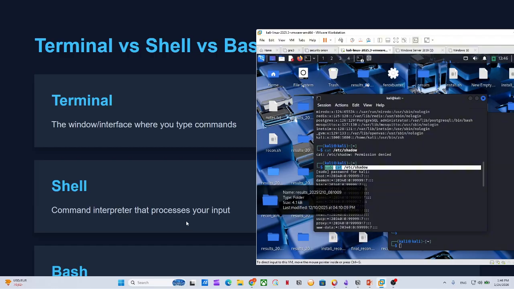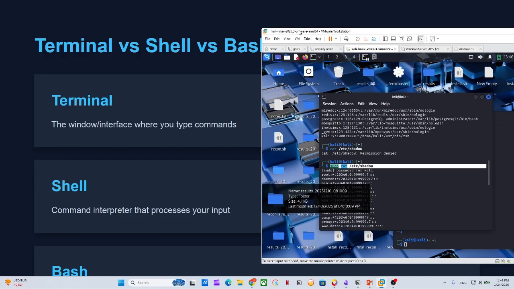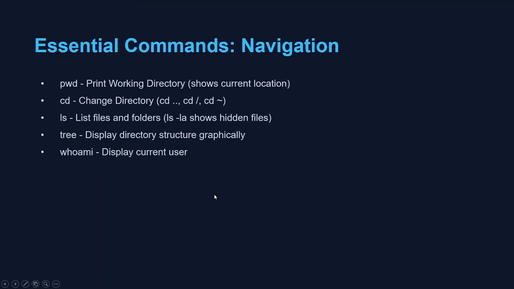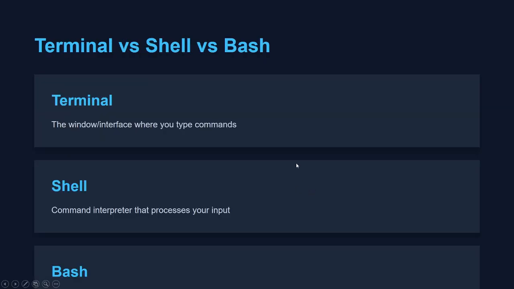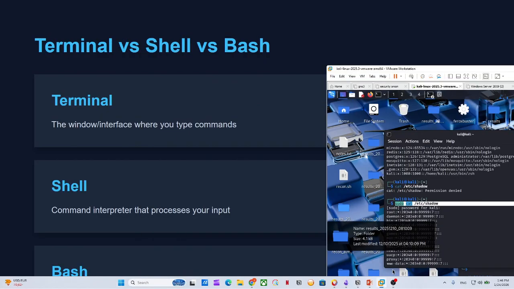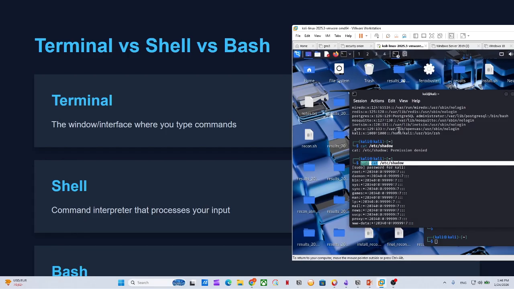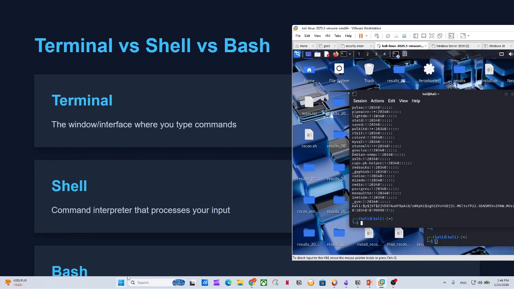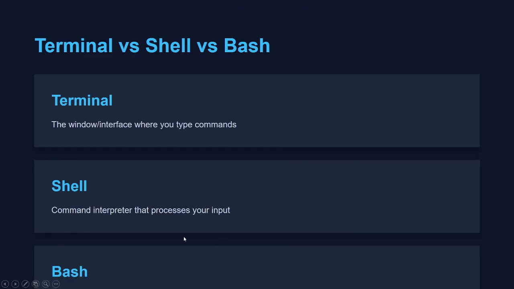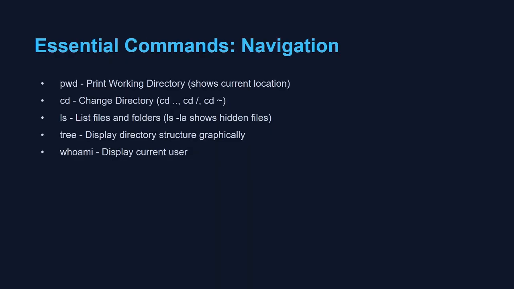Shell is the command interpreter that processes your input. Bash is used for automation, or if you want to write any custom malware. We'll talk about the details just later, but you just need to know this exists for now.